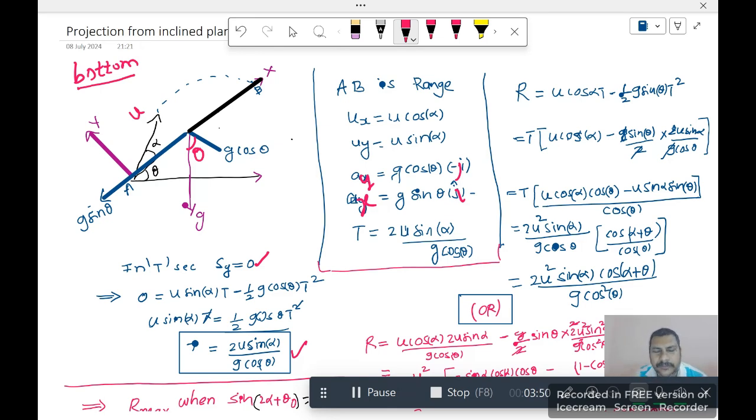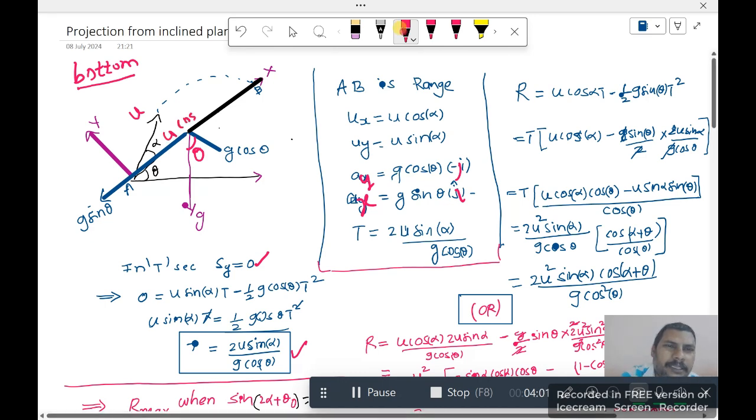But here ax equal to g sin theta is there, and that is minus, opposite to u cos alpha. So here u cos alpha will come along the x-axis and along the y-axis u sin alpha. Now u cos alpha and g sin theta are opposite. Therefore the range is equal to, the formula I am taking, u cos alpha into t minus half of g sin theta t square.